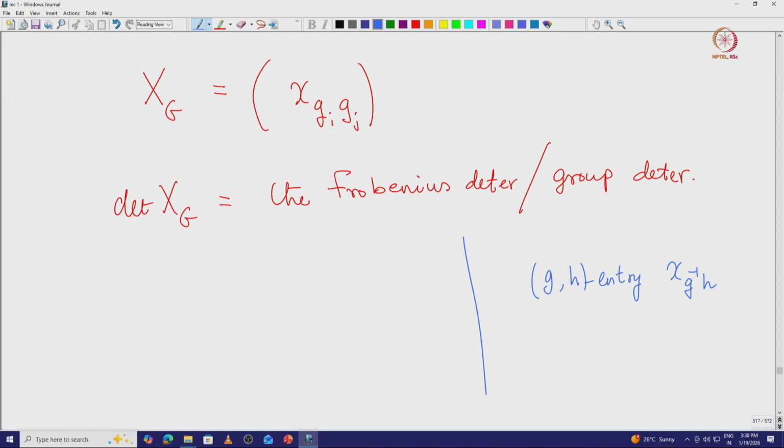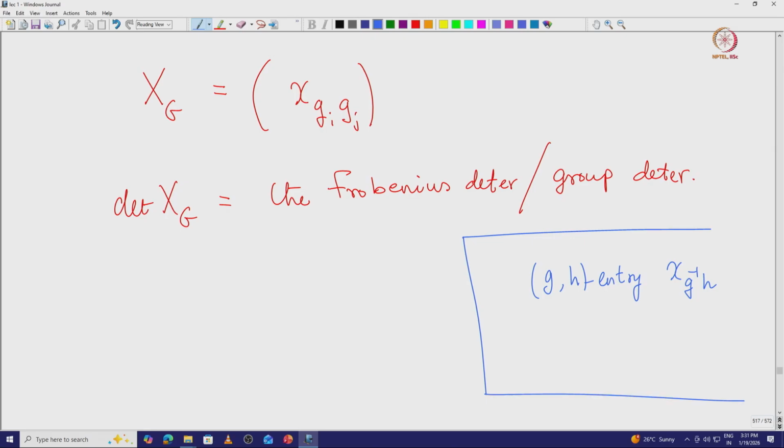That matrix one can also consider. It will not make too much difference here. This basically depends upon whether we are multiplying on the left or on the right. We will see in a minute how this determinant makes sense.